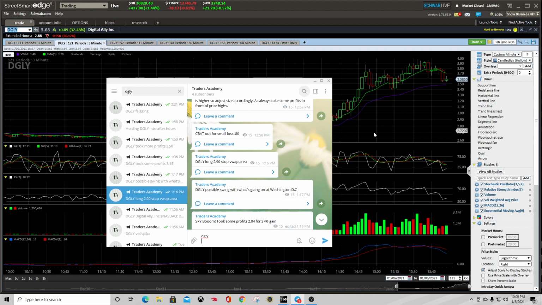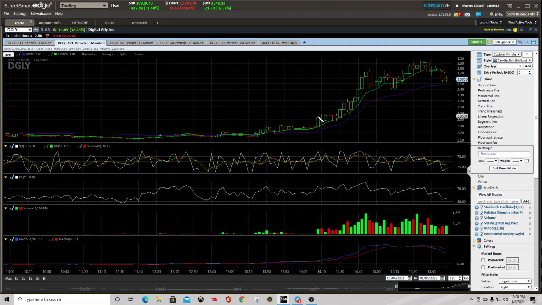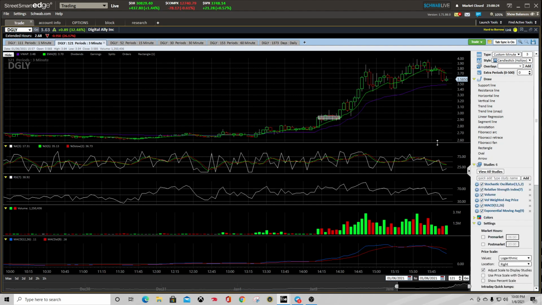Stop VWAP area at 2:16 p.m. Okay, so I believe it was on this area. Yes, right here. And anywhere in here would have been a great entry point on DGLY.